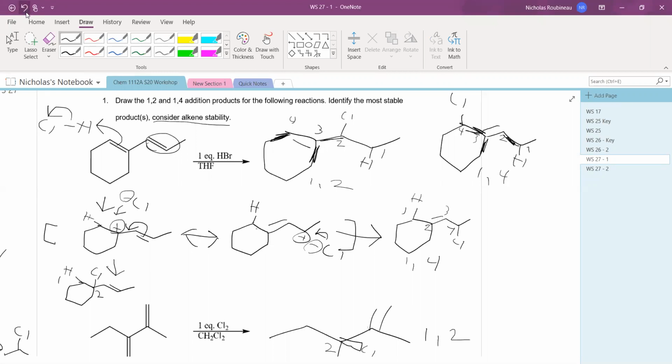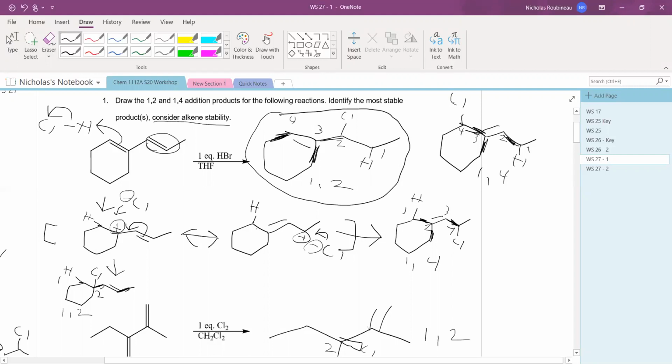I started confusing myself. Okay, those two are products. That's a product. Okay. Sorry. But again, this has three substituents, and then this 1,2 product has 2 substituents. So like was pointed out, the more substituents something has, the more stable the alkene is. So based on that, I'm circling the tri-substituted double bond, which should be more stable than that di-substituted one.